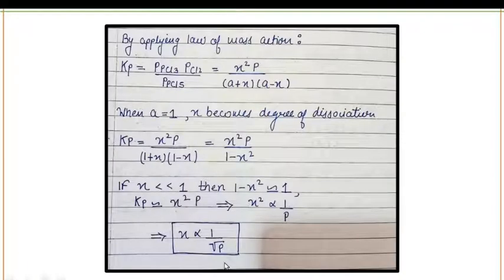Now, after applying the law of mass action, you will get the equation as x square P divided by A plus X into A minus X. If the value of A is equal to 1, x becomes the degree of dissociation. And if x is less than 1, then 1 minus x square will be nearly equal to 1, and Kp will be nearly equal to x square P, which means x square is inversely proportional to P.